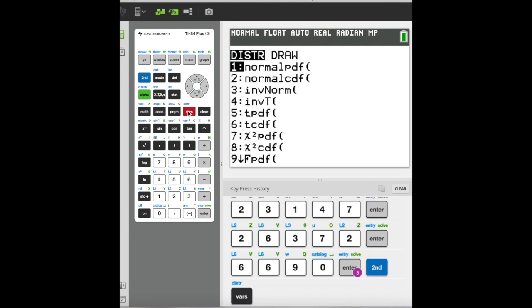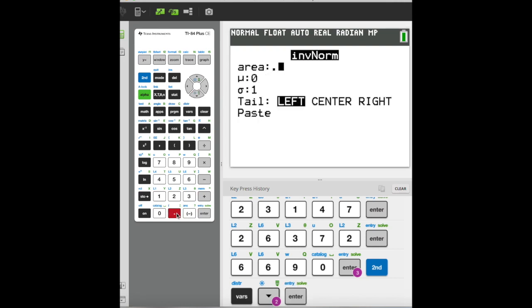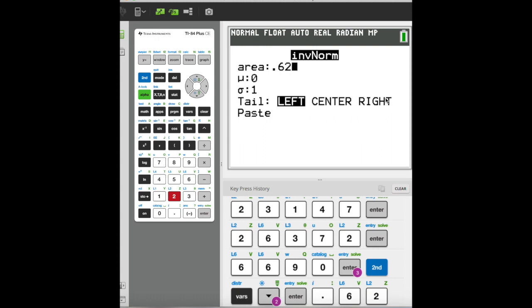We do second distribution again. This time we go down to inverse norm, number 3 there. Remember we put the area to the left. My calculator, with the upgraded operating system, does give me the option to put the area to the right or center. It defaults to the left. The reason I said it always has to be the area to the left is that if you don't have this upgraded operating system, it's not going to ask you this.